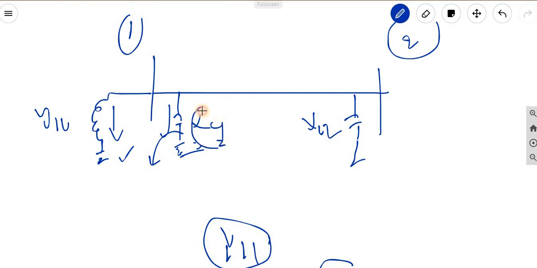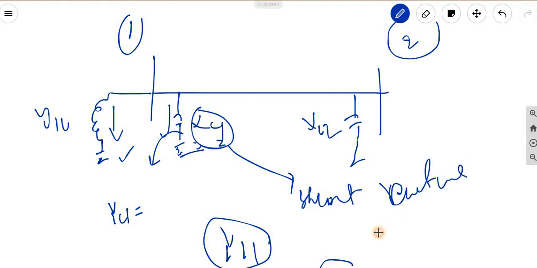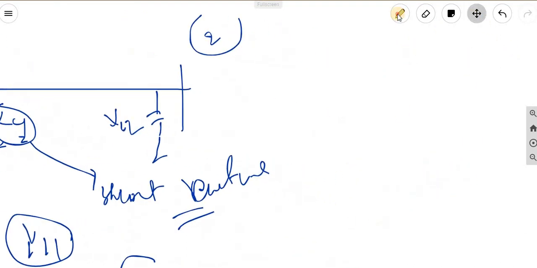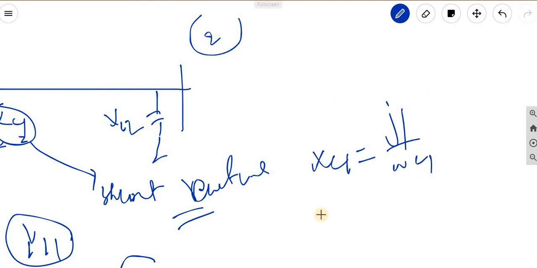If it is a shunt reactance, we have to get the shunt susceptance. If it is capacitive, then XC1 is 1 by j omega C1, so the value to be added is j omega C1.